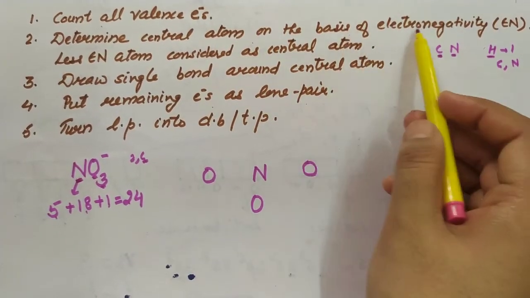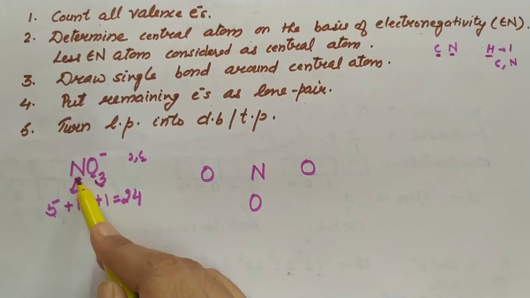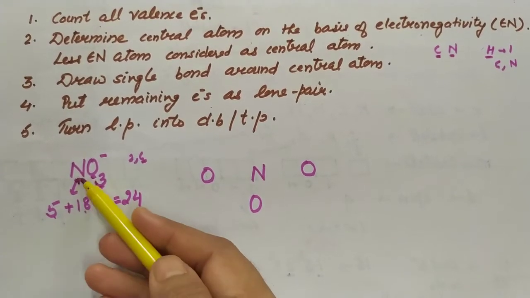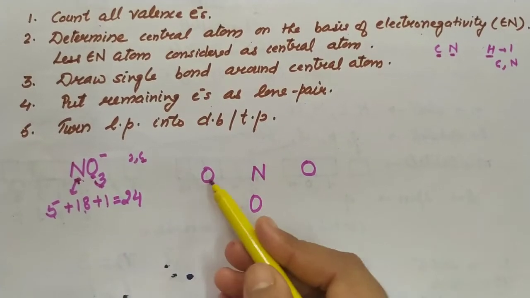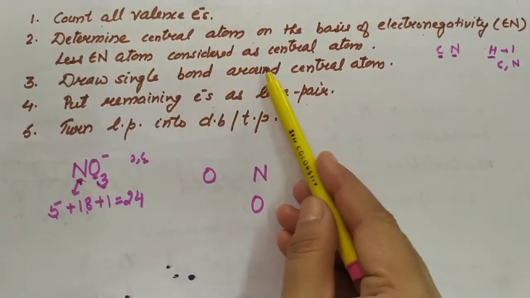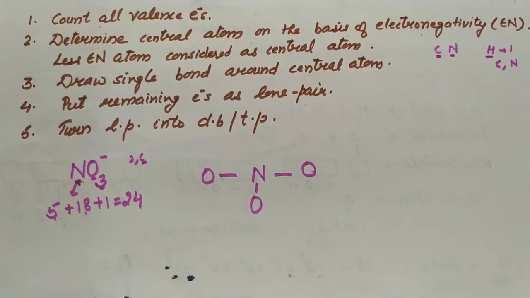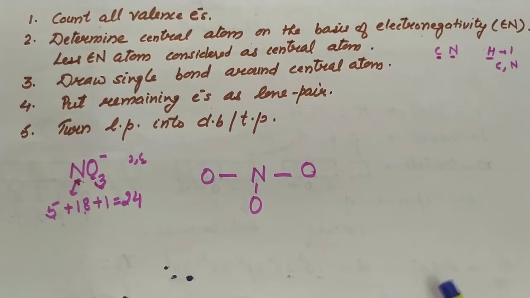Determine the central atom on the basis of electronegativity. In this case, oxygen is 3 atoms and nitrogen is 1. So the obvious thing is that nitrogen is the central atom and oxygen are the surrounding atoms. So draw nitrogen and 3 oxygen. After that, draw a single bond around the central atom. Draw this single bond, and this single bond, and another single bond.